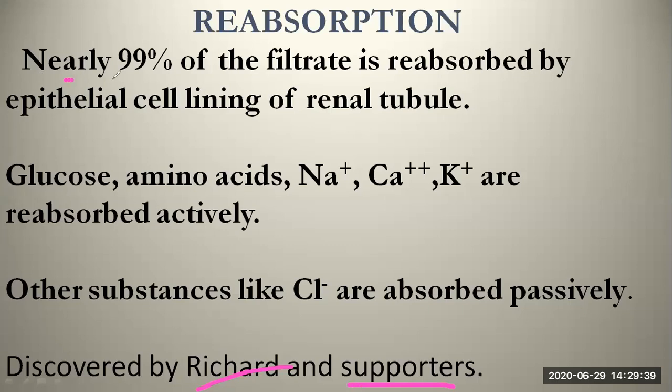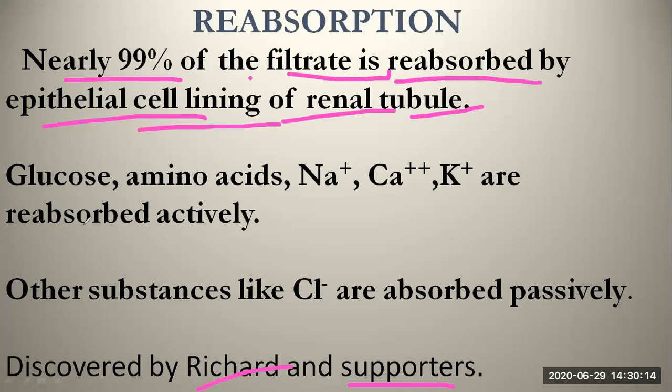Nearly 99% of the filtrate is reabsorbed by the epithelial cell lining of the renal tubules, because in the glomerular filtration rate only 0.8% forms urine, which is less than 1%. So nearly 99% of the filtrate is reabsorbed by the epithelial cell lining of the renal tubule.